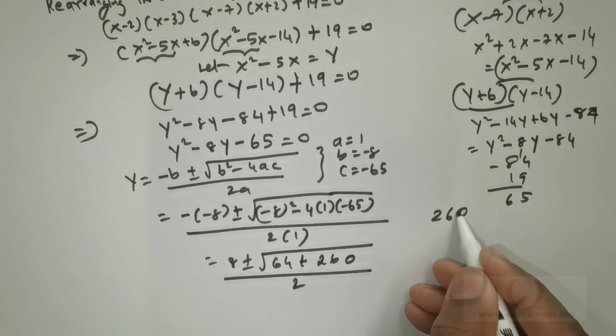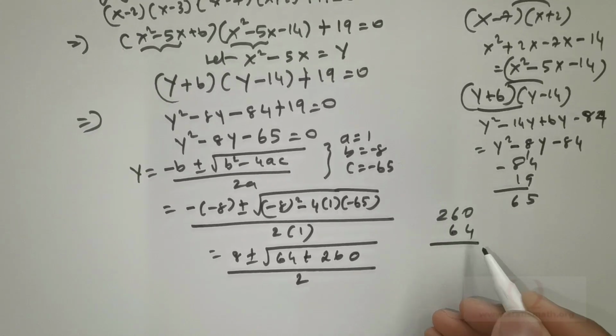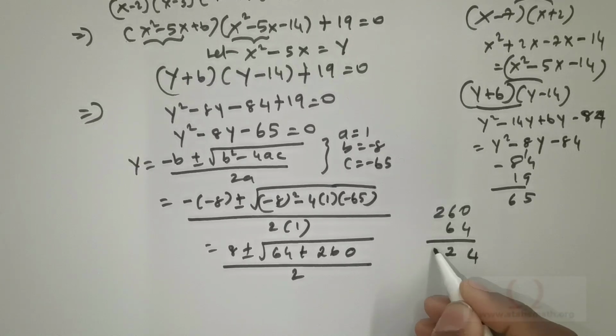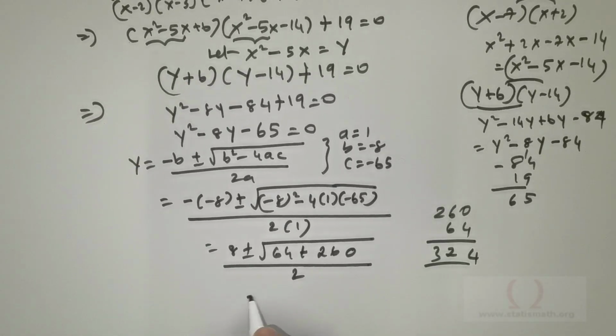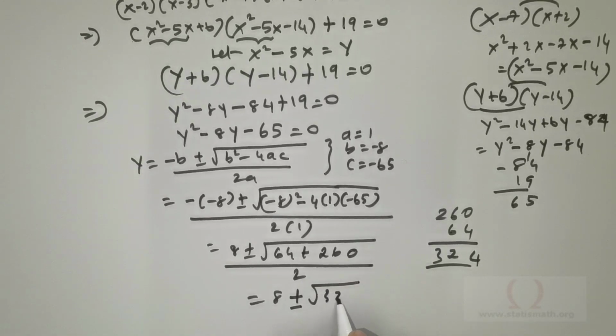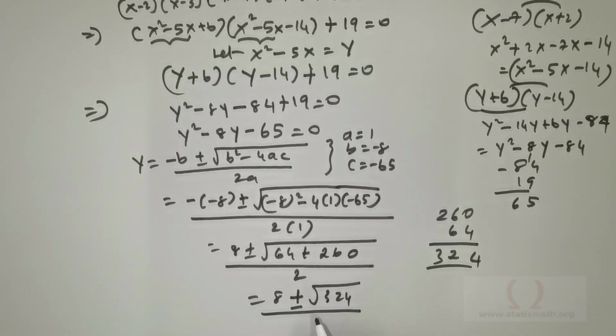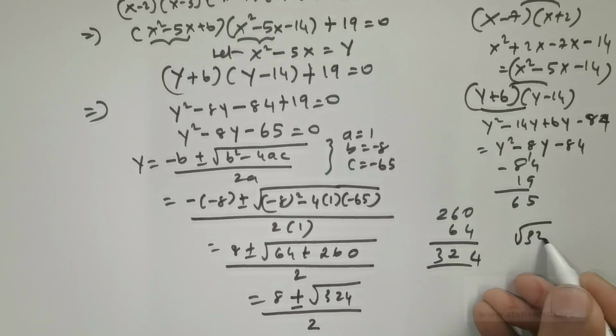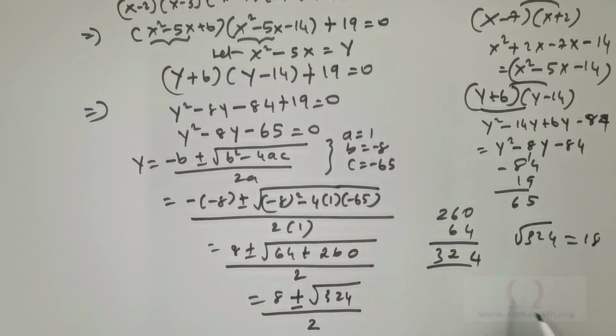Now 260 added with 64 gives me 324. So I got 8 plus or minus the root of 324 divided by 2. The root of 324 would give me 18.